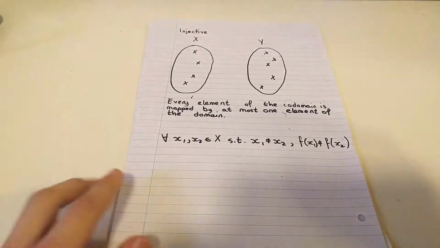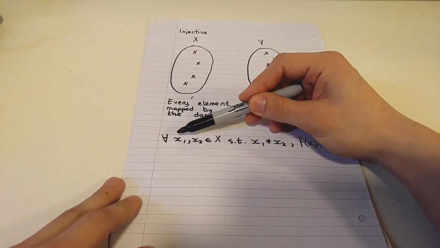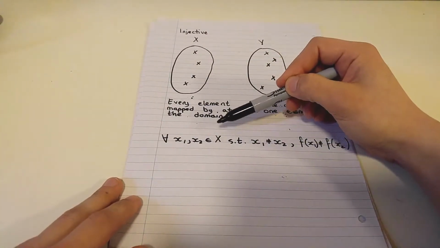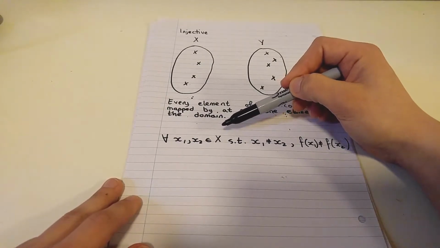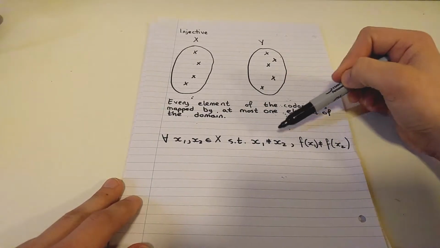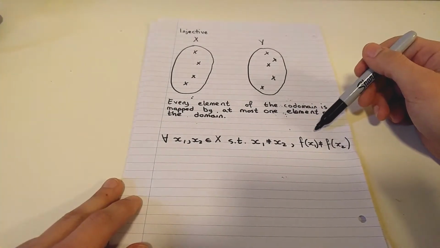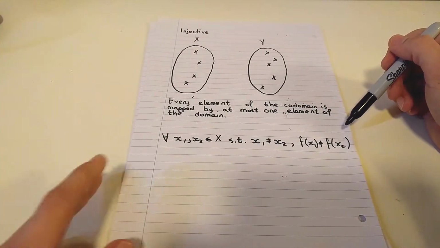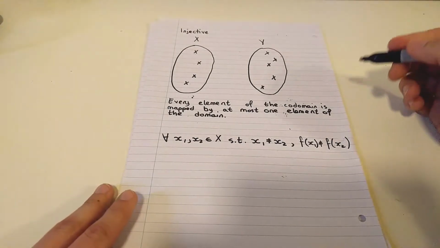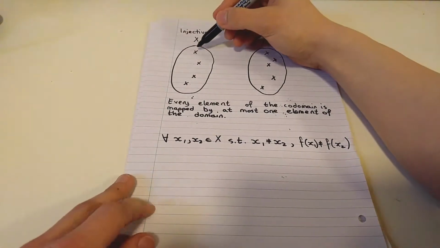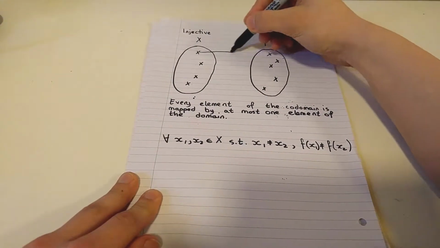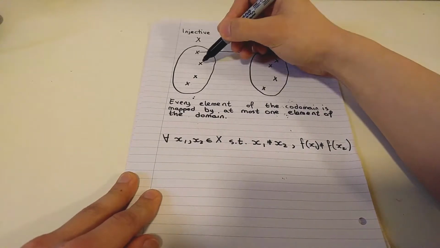And the formal definition: for all x1 and x2 within the set X, so for two distinct x values, such that x1 is not equal to x2, so they're distinct, f of x1 is not equal to f of x2.